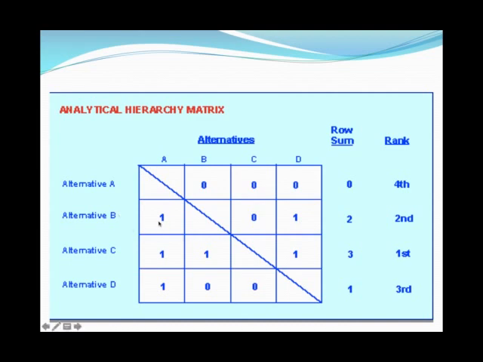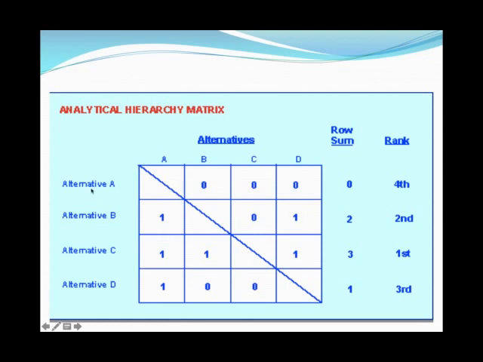Alternative B is worse than C, so it gets a 0. And then alternative B is better than D, so it gets a 1.